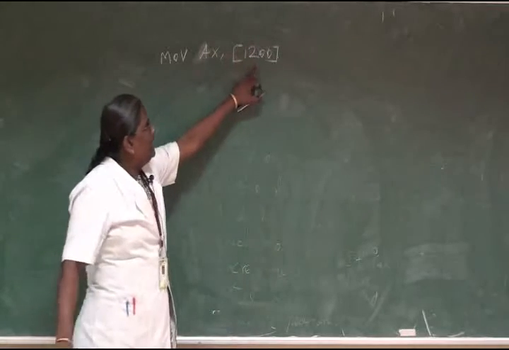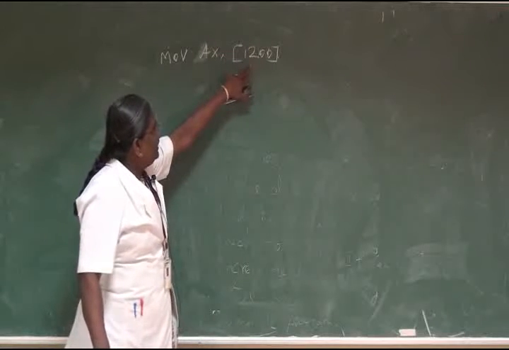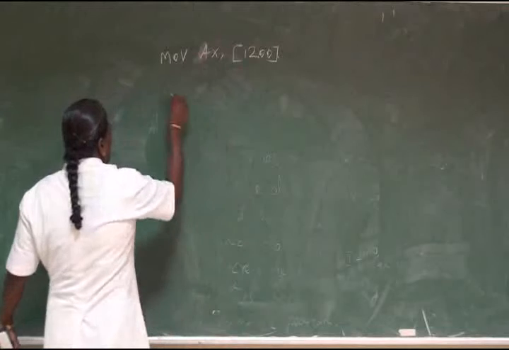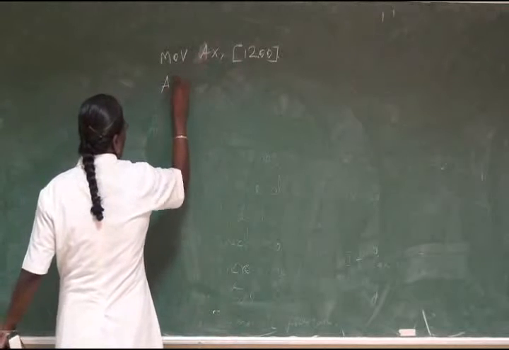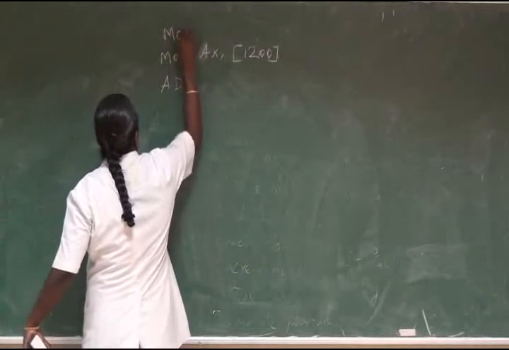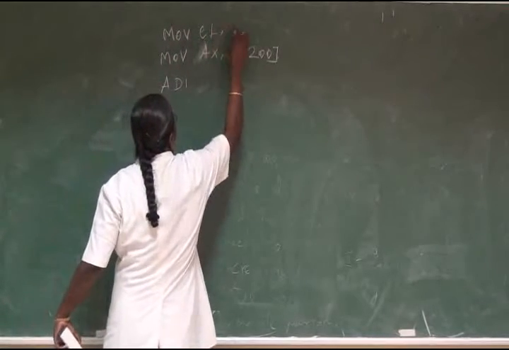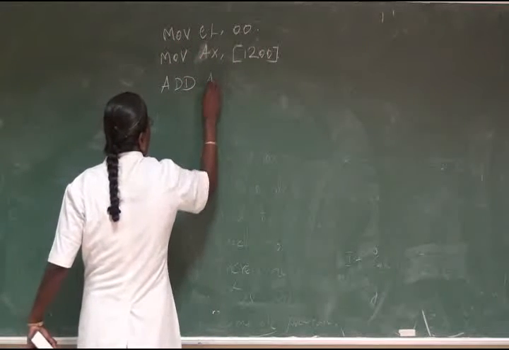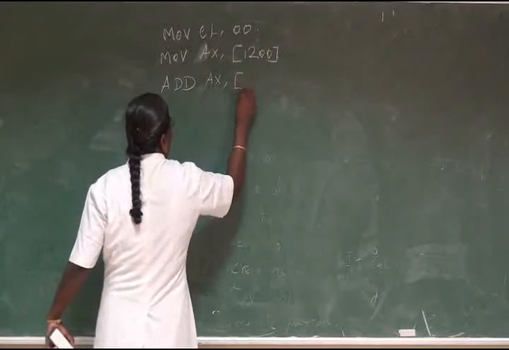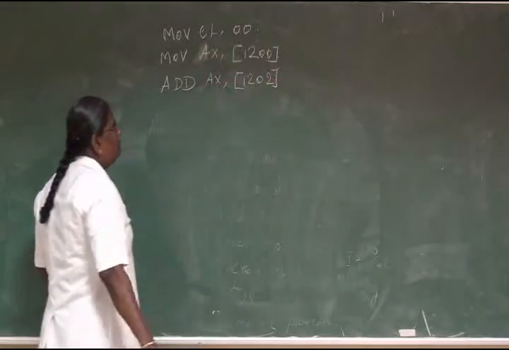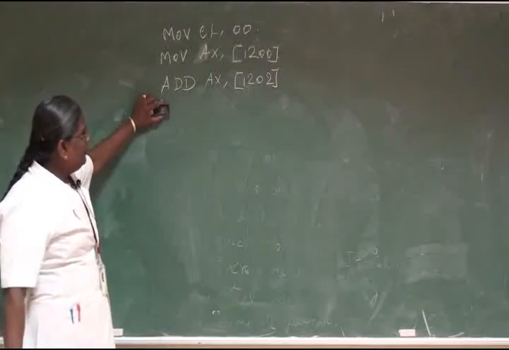So the data in the memory location 1200 is transferred to the AX register. Then directly we can go for the addition operation. ADD AX, 1202. So the addition operation is performed.